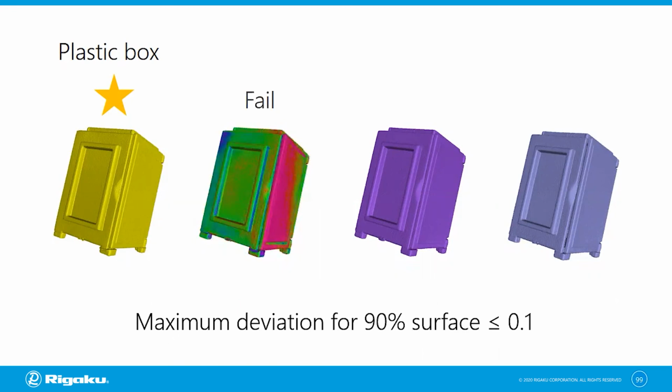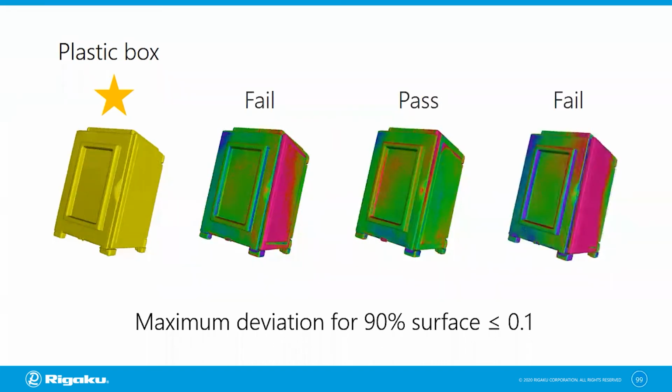Again, green means that this test object matches the golden standard, but blue and pink are indicating discrepancies. So this one has too much difference. This one is mostly green, so it passes the test. This one fails. So this is just a little bit of a different way to do quality control. Instead of selecting specific measurements, you can use the entire surface to see if each part passes or fails the test.